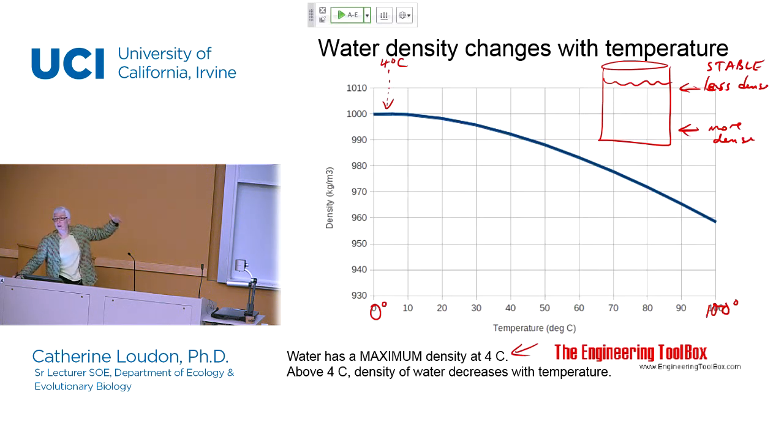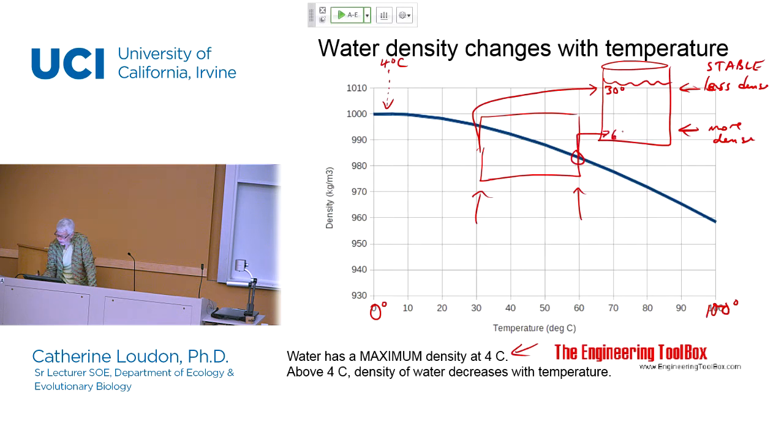differences with depth in our beaker. This would be a thermocline or a temperature gradient. So if we take an example, going from say 30 degrees to 60 degrees and put this in our beaker. Let's see, if we take the 30-degree water and put this on top, so this is 30 degrees up here, and then we take our 60-degree water and put it down here, will this be stable or not?